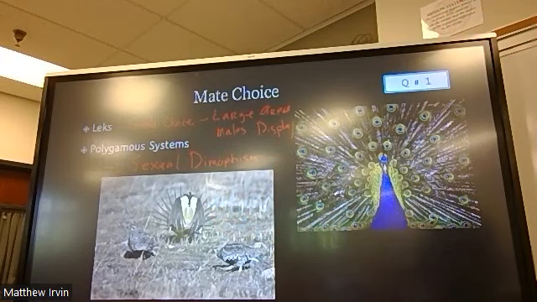Same thing with the birds of paradise with all their dancing and nest building and all the different kinds of things.